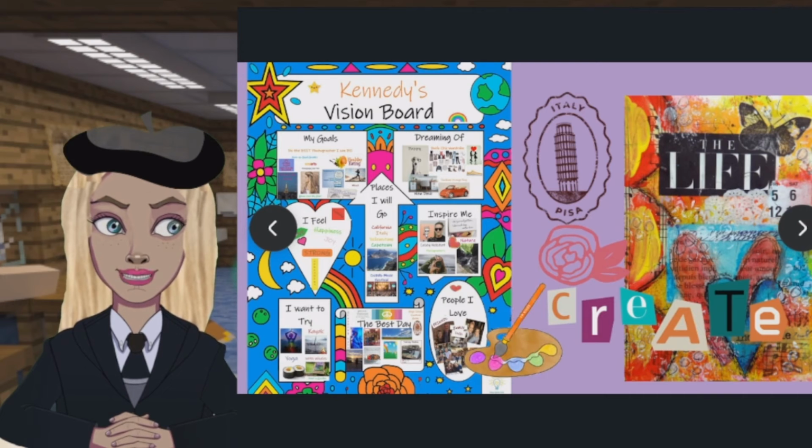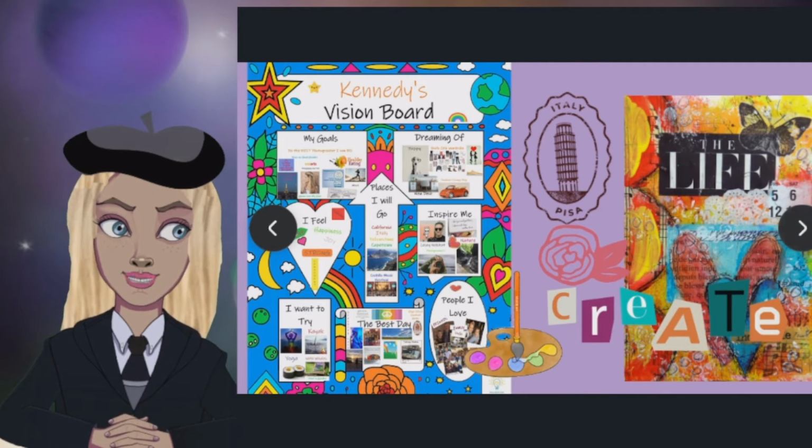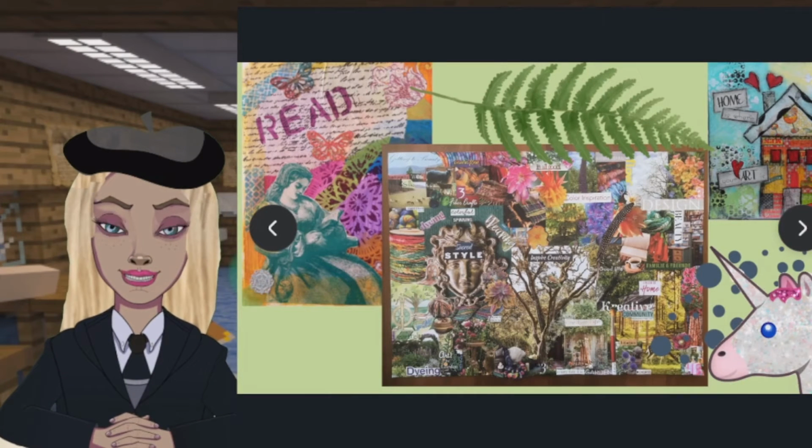So, here are some examples of different vision boards, digital and then also on paper. This one you can see the goals, dreaming of, what inspires you, what do you want to try, people you love, the best day. Visualize all of that and compile those images. I love these vision boards as well.